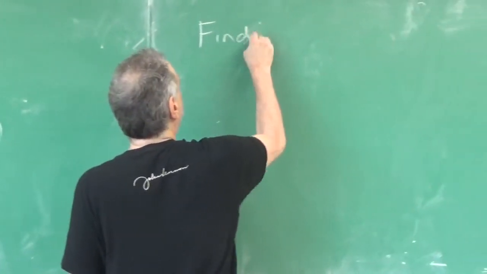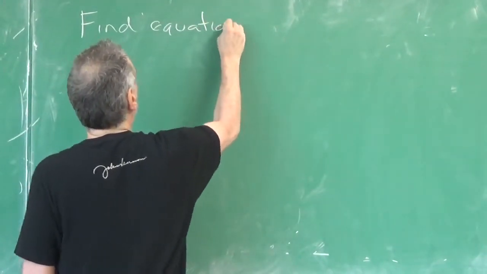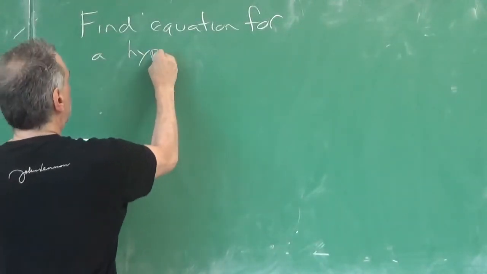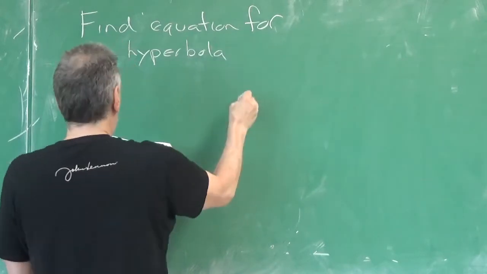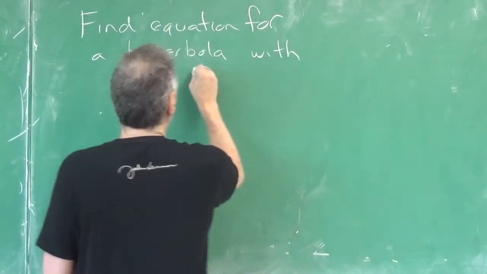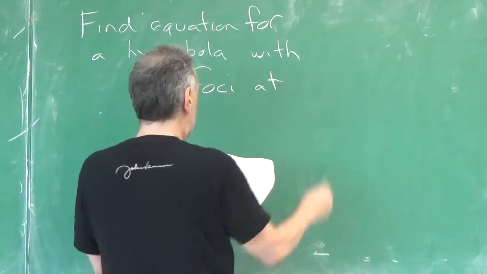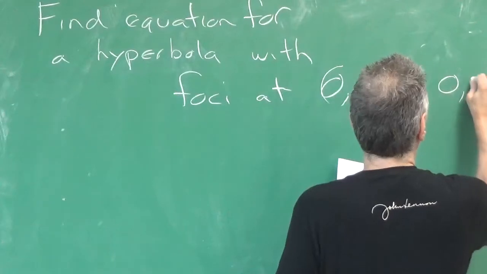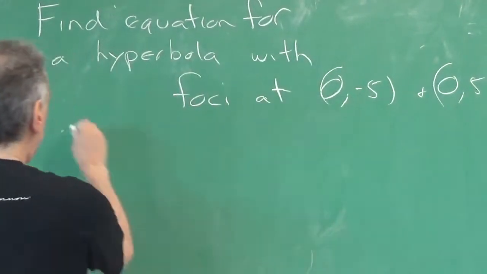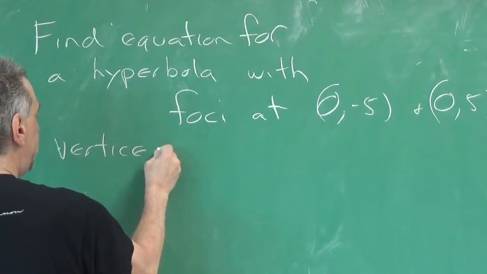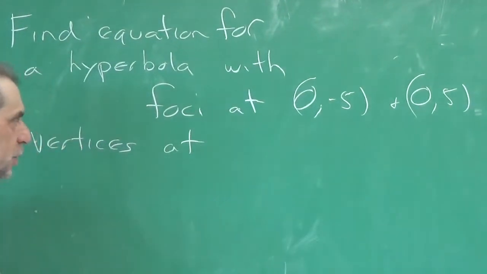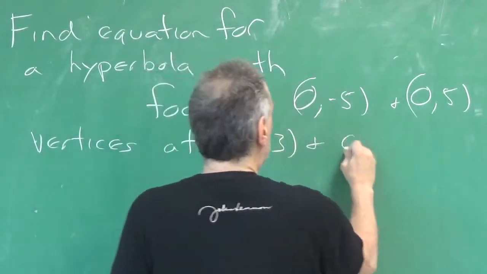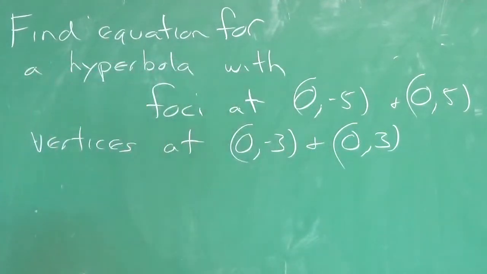So let's say we want to find the equation for a hyperbola with foci at 0, negative 5, and 0, 5, and vertices. And the vertices, again, are the endpoints of the transverse axis. Vertices at 0, -3, and 0, 3.